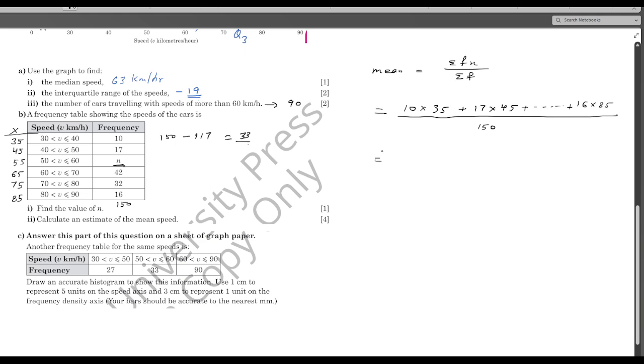Therefore, your mean is 10 times 35 plus 17 times 45 plus 33 times 55 plus 42 times 65 plus 32 times 75 plus 16 times 85.